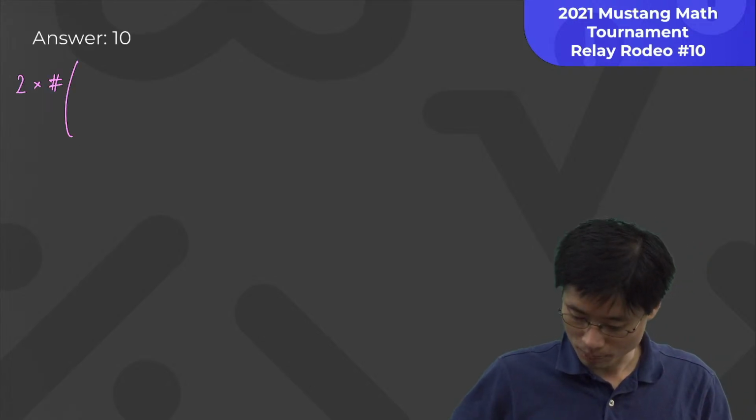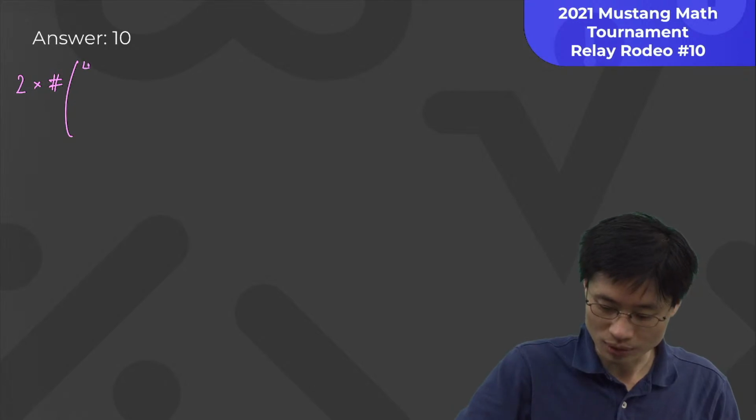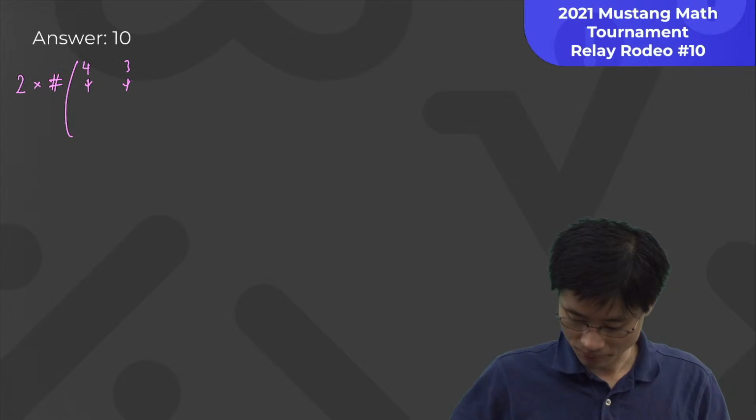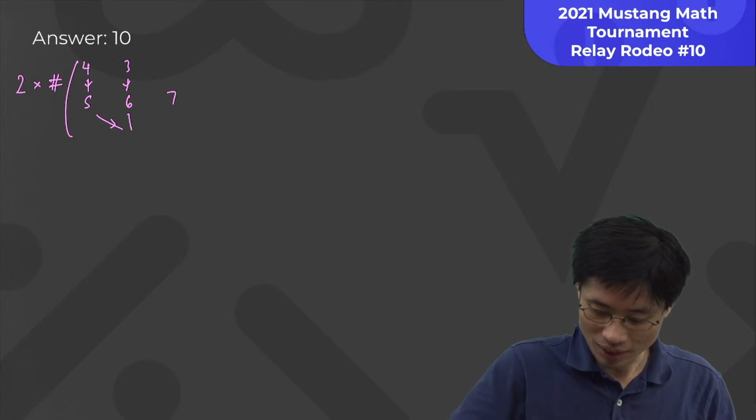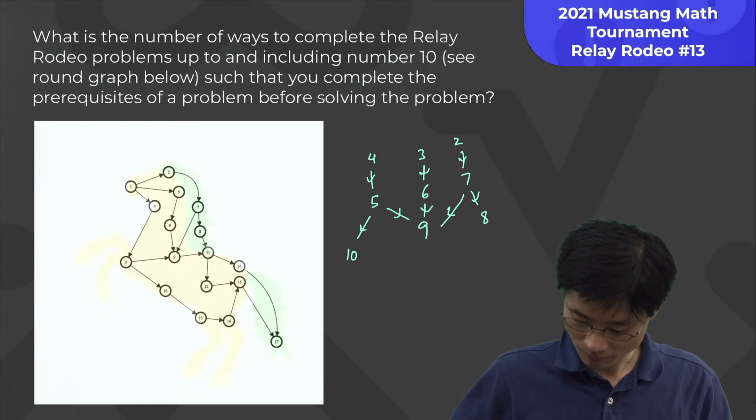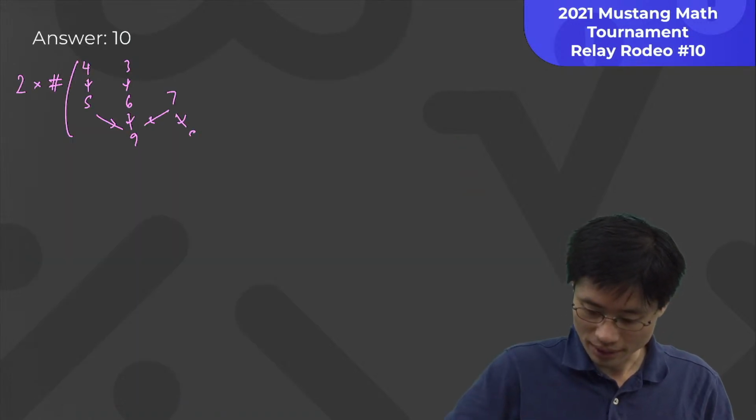What happens if I took off the 2? So 4 and a 3, 5 and a 6. There's a 7. Now all of these go into 9. Then there's an 8 and a 10.